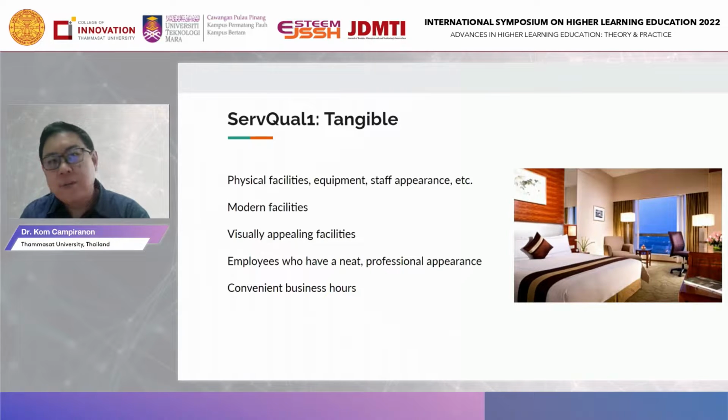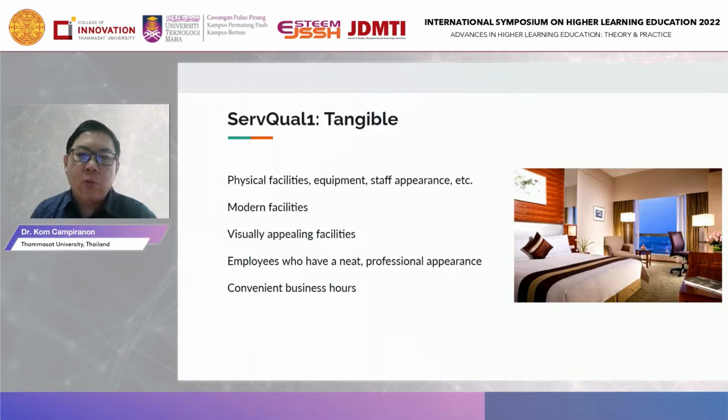The first one is called tangibles. This is basically what the customer can see, like the building, the elevator, the staff uniform, facilities, hotel rooms, bathroom, everything they can see and touch.